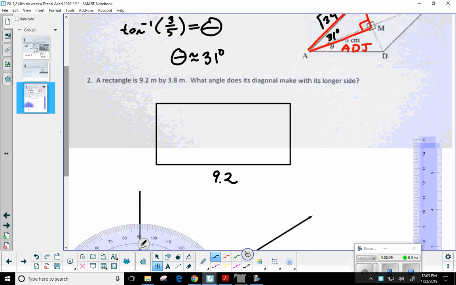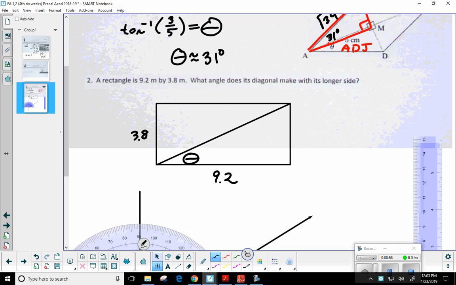Okay, I'm going to go ahead and draw a diagonal, just like that. Now, what angle does the diagonal make with its longer side? So I'm looking for this right here. Is everybody okay with that?